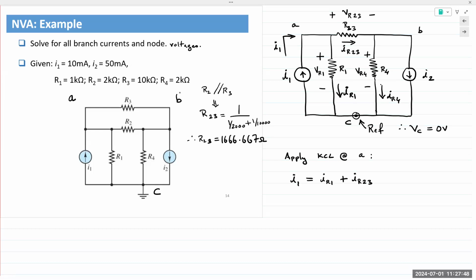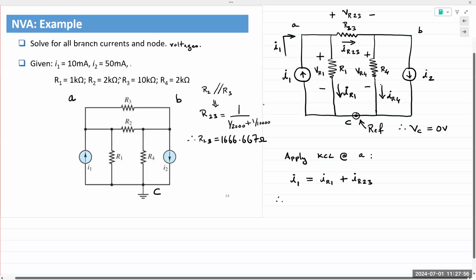I1 is IR1 plus IR23. Then apply Ohm's law. Ohm's law gives me VR1 over R1 and VR23 over R23.